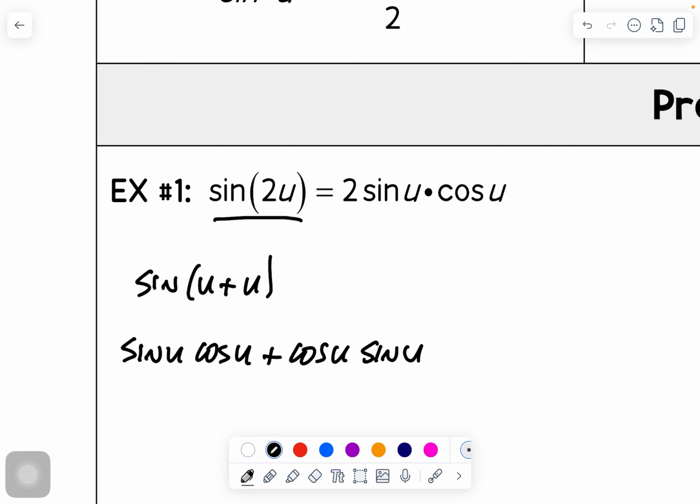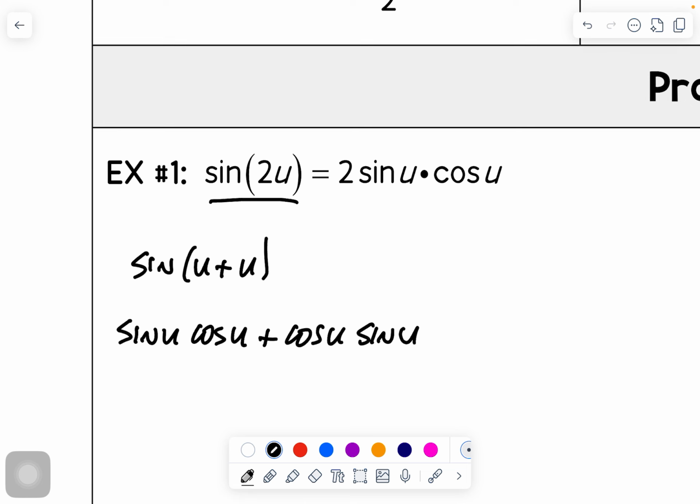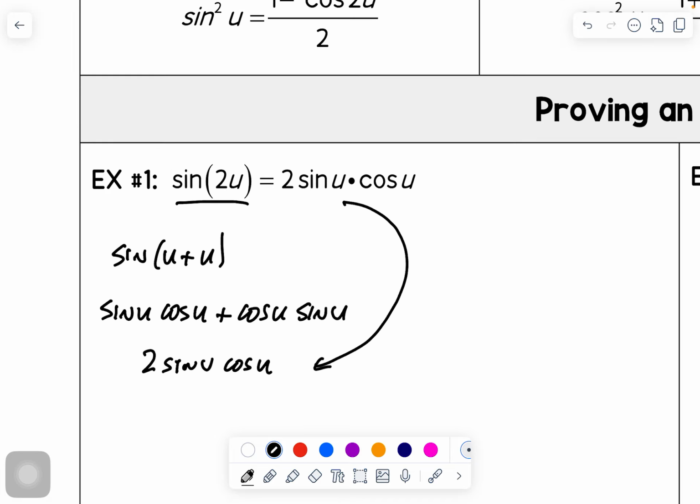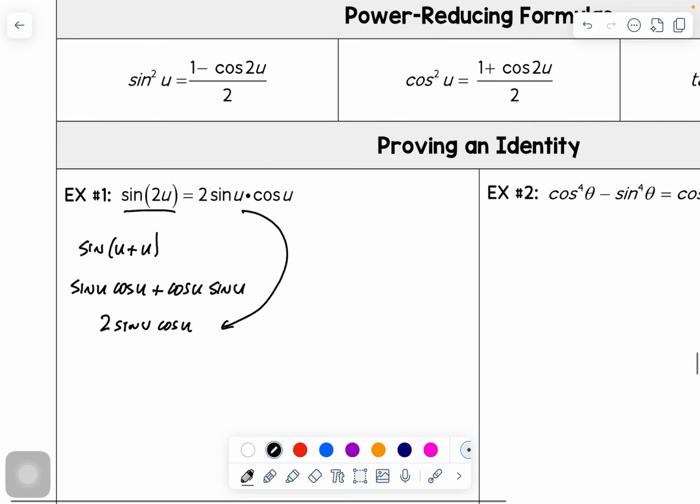Anytime you're adding two of the same thing, you just get two of that thing. So 2 sine u times cosine u, which is what they wanted us to prove. So it's just a shorthand version of the sum identity, the double angle identity for sine.